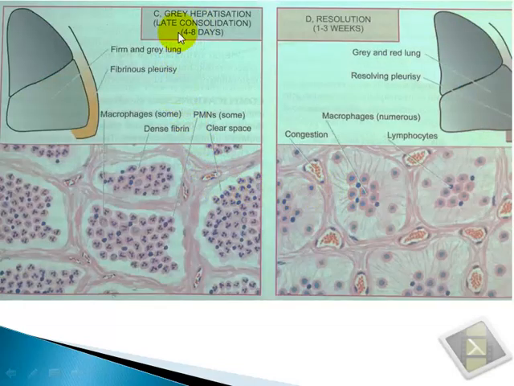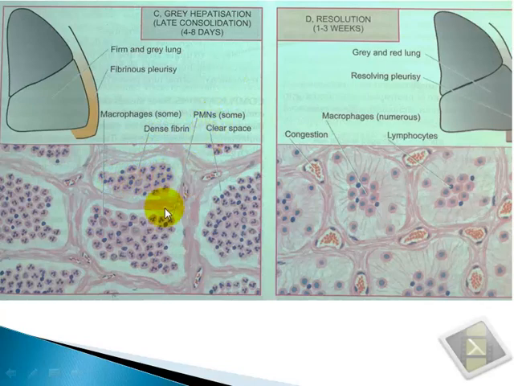Third stage is called the stage of gray hepatization, also called the late consolidation stage, which lasts for 4 to 8 days. The lungs are firm and gray. Instead of serofibrinous, now you have only fibrinous pleurisy. Macrophages will mainly take over. RBCs will be digested. Fibrin is quite dense over here.